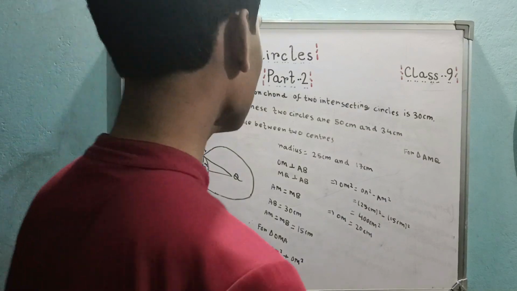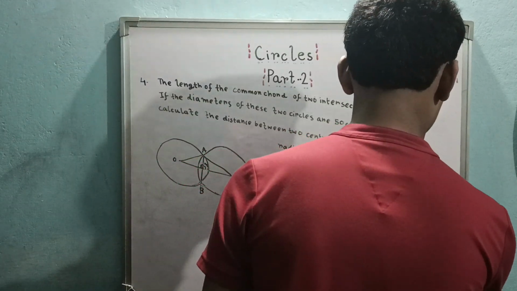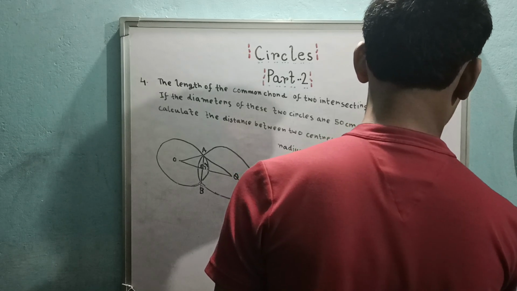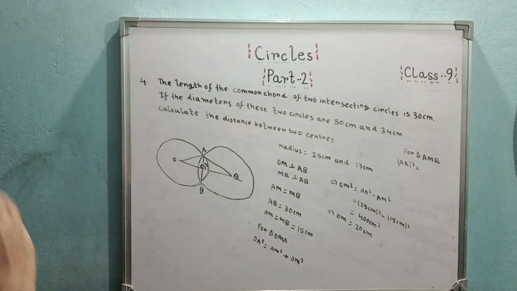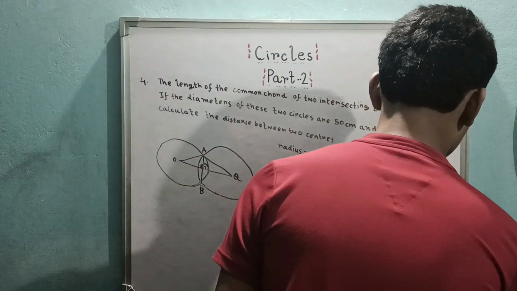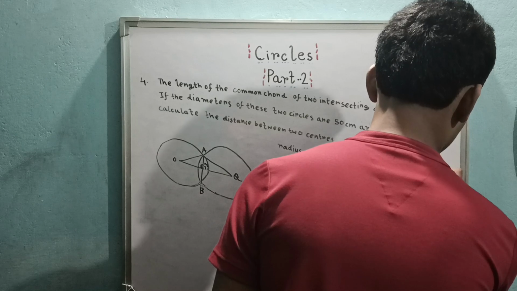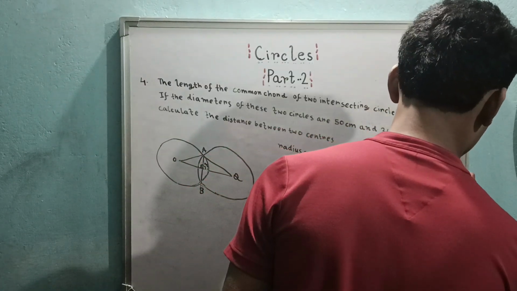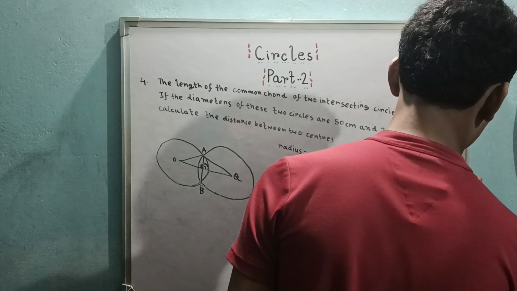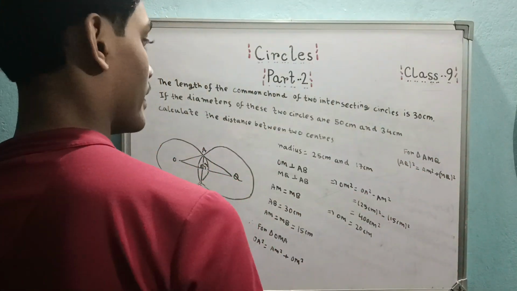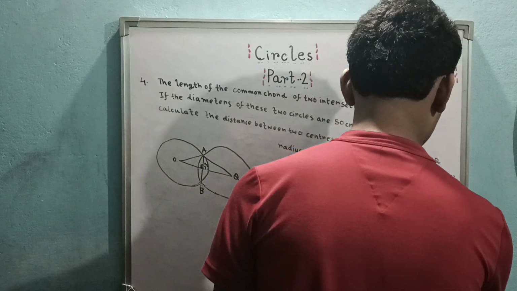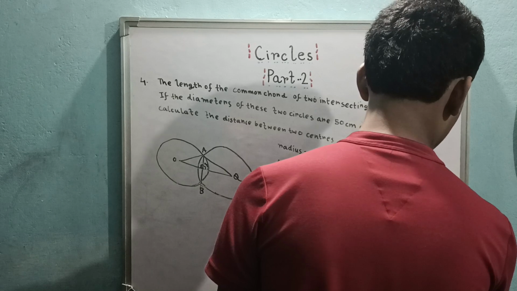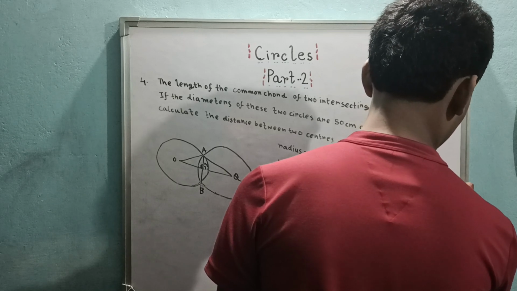So hypotenuse AQ square, Pythagoras theorem, equal to height AM square plus base QM square. Then MQ square equal to AQ square minus AM square.